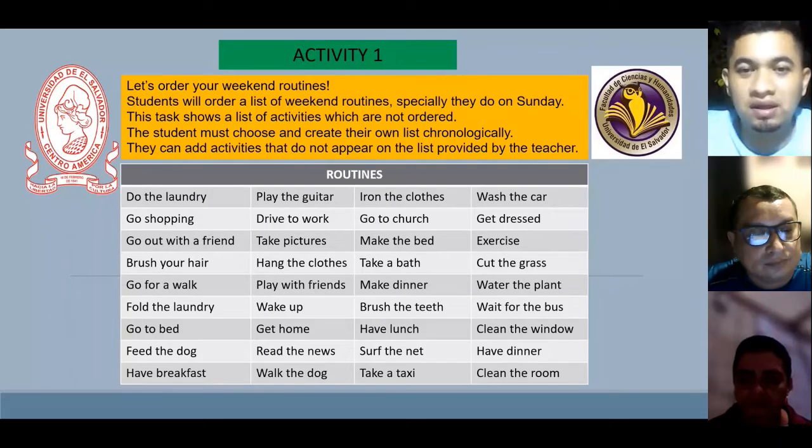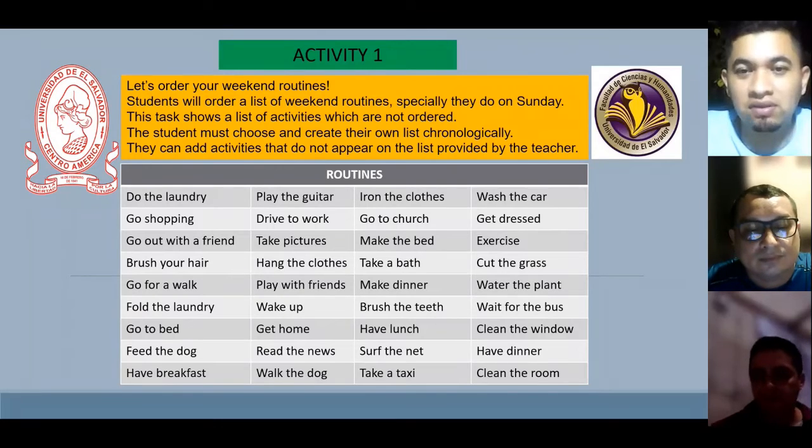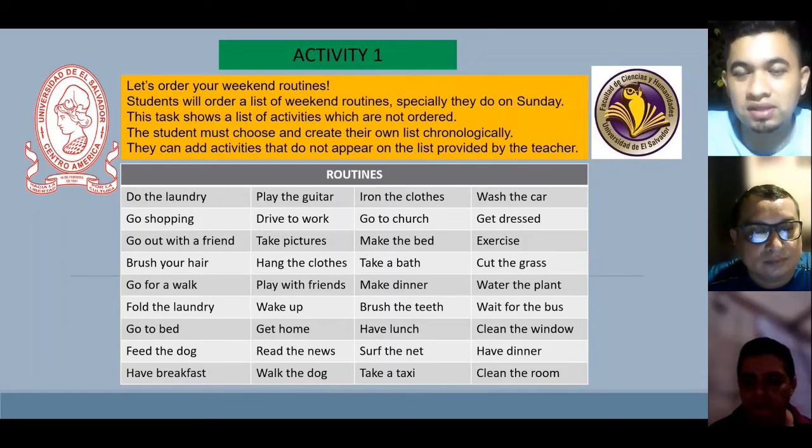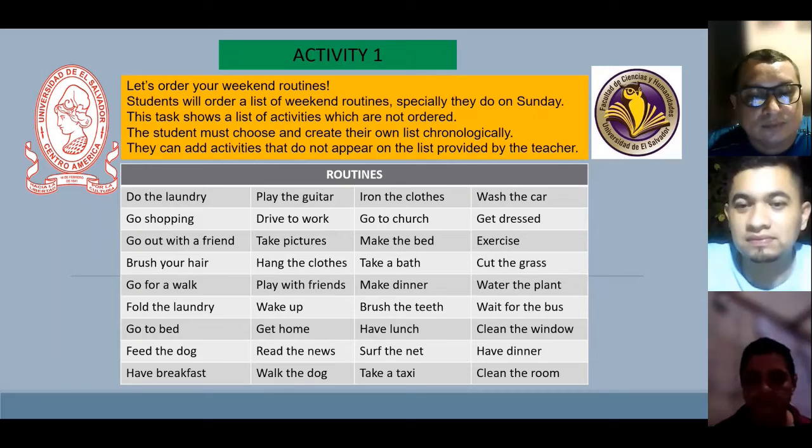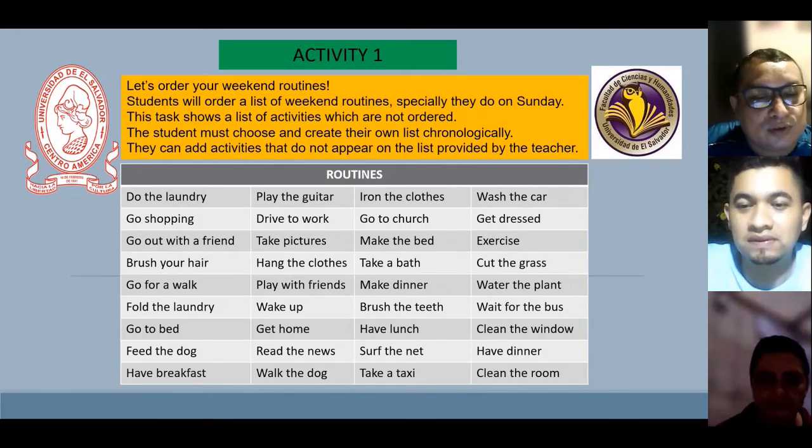After that, I ironed the clothes. Later on, I washed the car. And finally, I cleaned the window. All of these activities you have on Sunday?